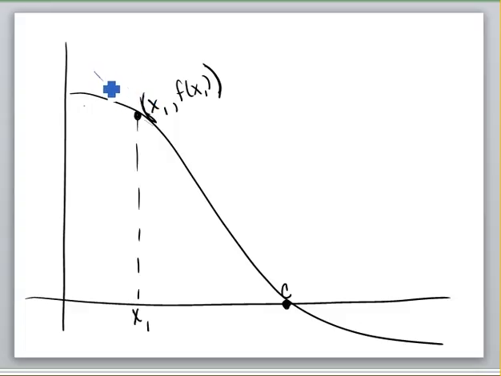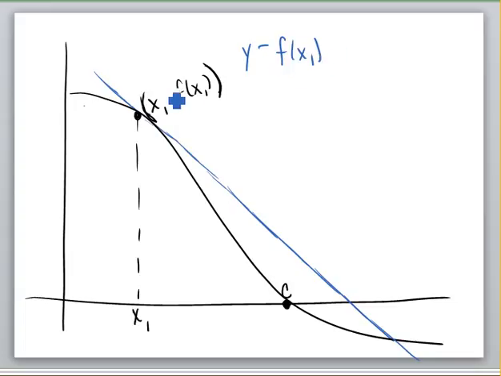So I'm going to draw a tangent line to the curve here as best I can, and write the equation of that tangent line to the curve. In point slope form it would be y minus f of x sub 1, that's the y value, equals m.